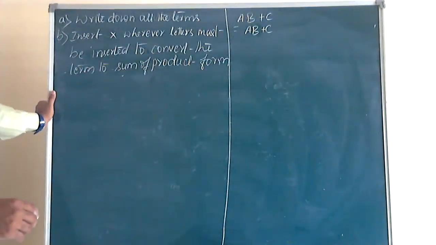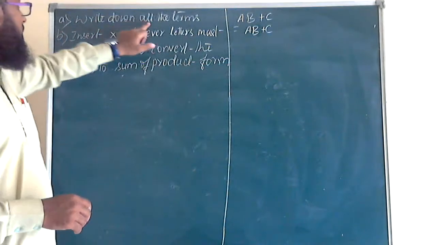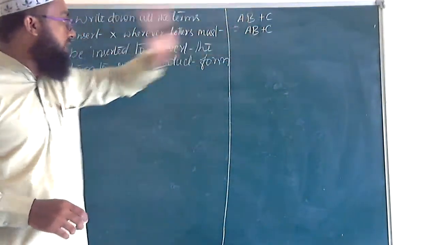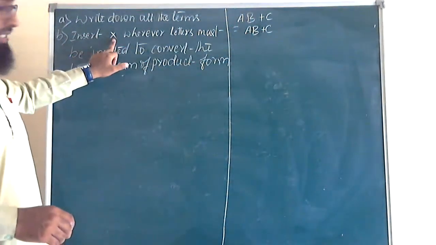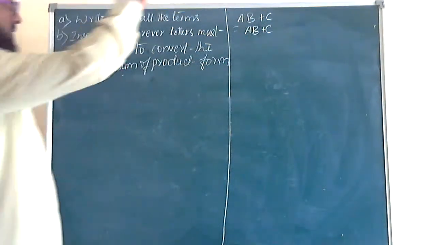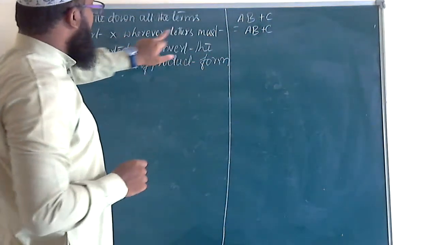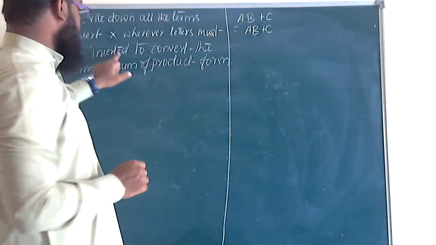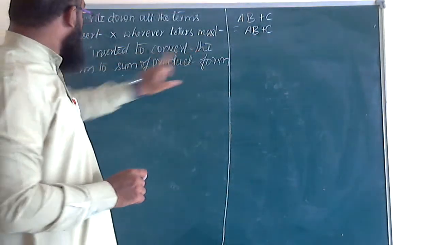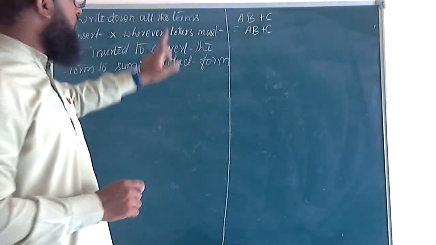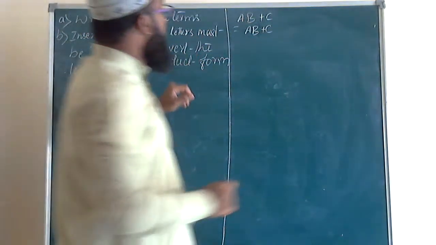Listen here. Write down all the terms. The terms we have written, insert X wherever letters must be inserted to convert the term to sum of product form.